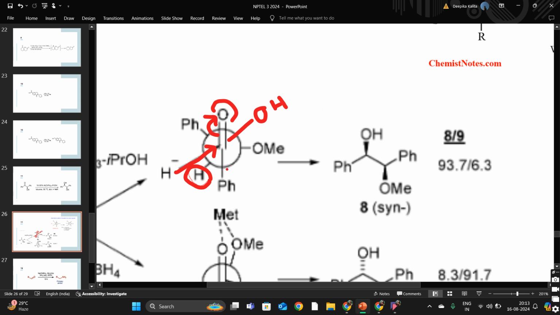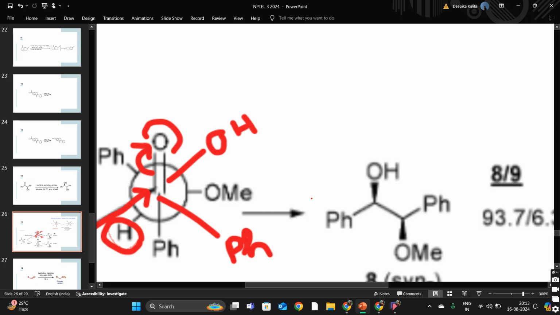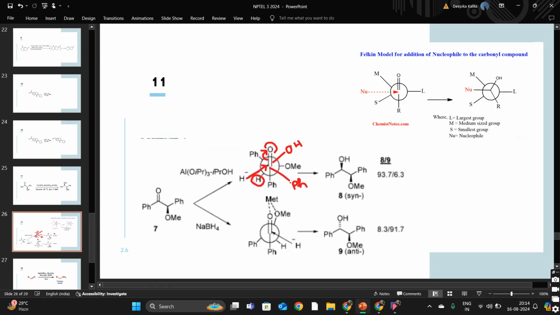So after the placement of your incoming hydride and hydroxy, and of course the phenyl present will also shift here because of the hydride attack. You can revise your Felkin-Anh model if you are finding this explanation a little difficult. So your hydroxy and phenyl will be pushed like this, and after you get the product conformation, you will see that the syn product is preferentially forming as your major product.